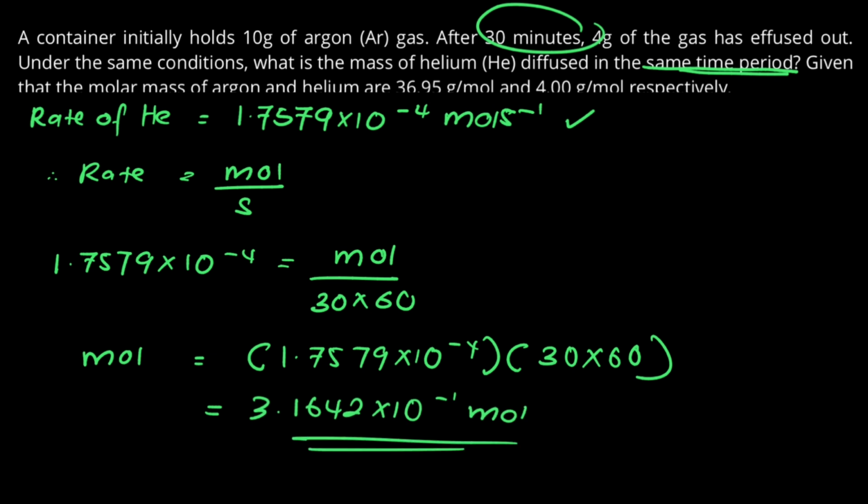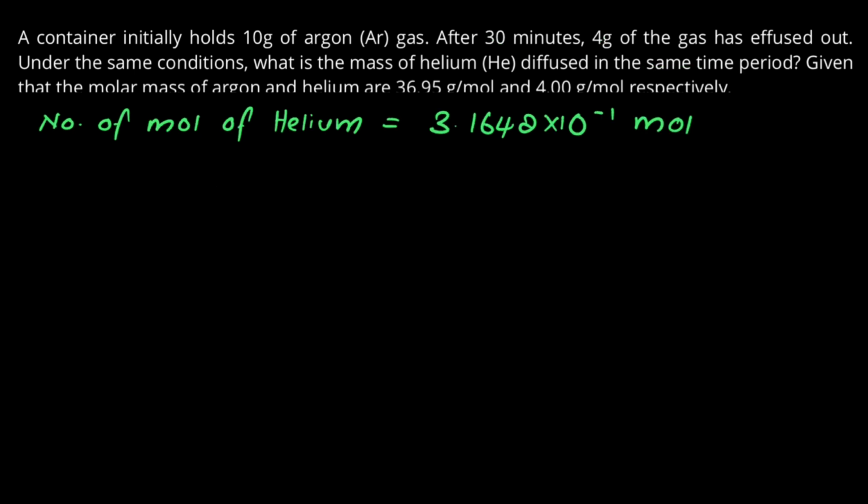Right. So from here, we are going to calculate the mass of helium by using the number of moles. From the previous calculation, we know that the number of moles of helium is 3.1642 times 10 to the power of negative 1. So the number of moles is equivalent to mass over molar mass.